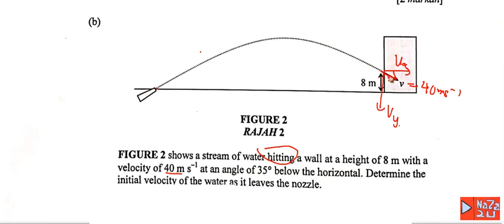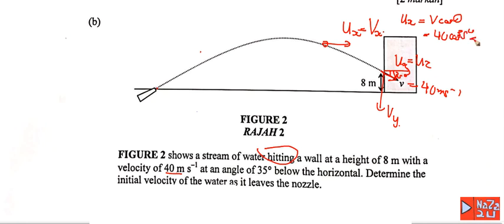Because as I said, ux is always constant, vx or ux at any point on the path of motion has a constant value. If this is the angle of 35 here, we can find the value of ux equal to v cos theta, so v is 40, cos 35.